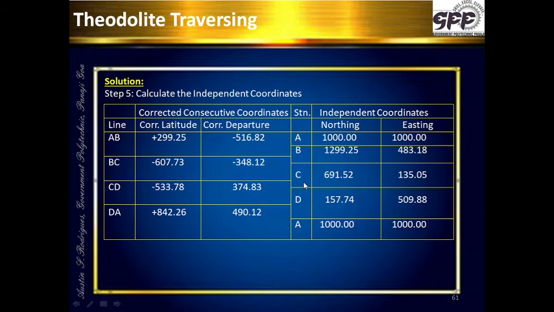Coming to the point C, take the northing of the point B and add to that the latitude of the line BC.